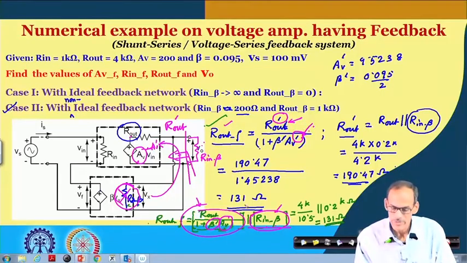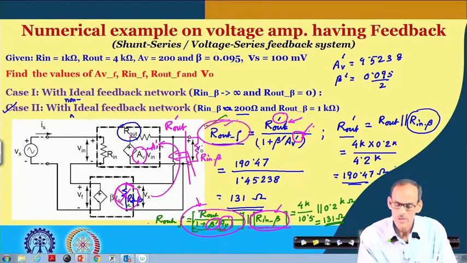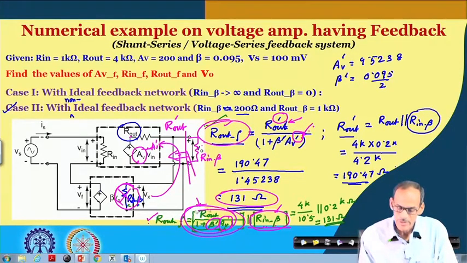Now, we do have the value of this R out, whether we use this equation or this equation. In fact, if you consider this part without considering this, we obtain it. So, we may say that this is also some form of the R out f without considering R in beta.